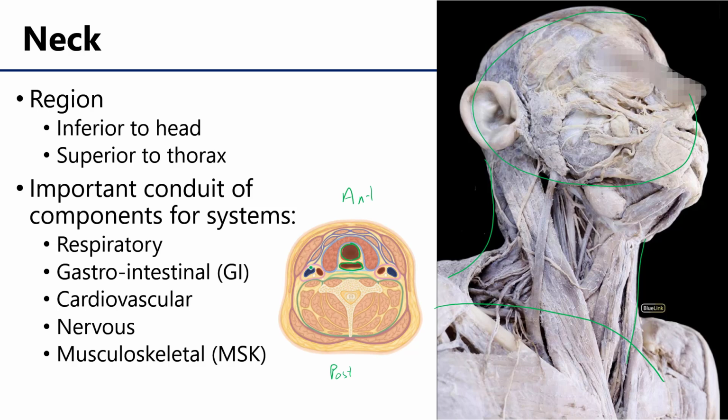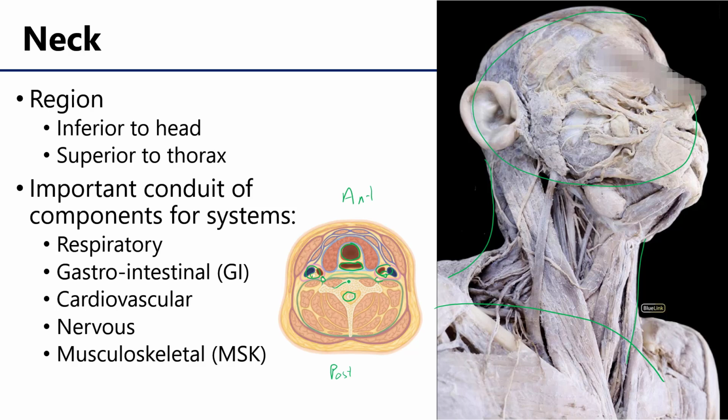There are portions of the cardiovascular system, various arteries and veins. Portions of the nervous system, so particular nerves and nervous features, as well as the spinal cord, which traverses the neck. And obviously, parts of the musculoskeletal system.